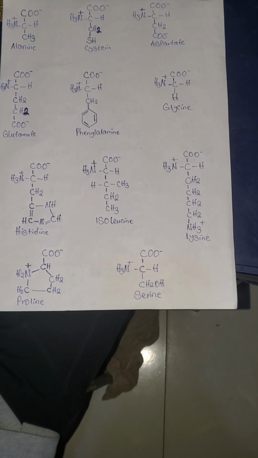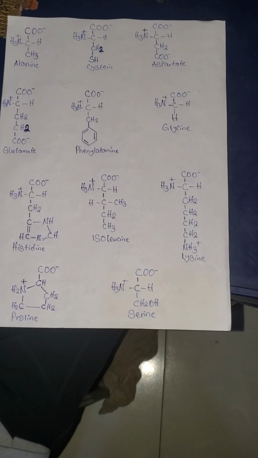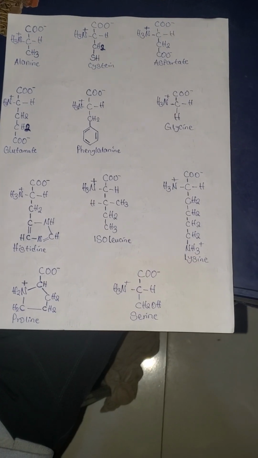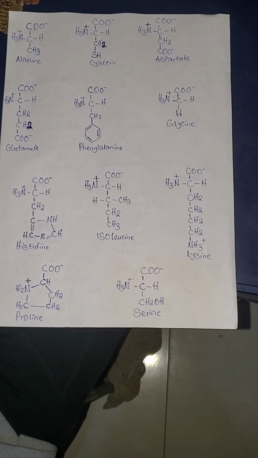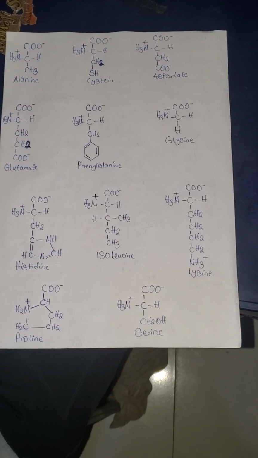And we got to understand that the most stable form and structure of amino acids is the ionized structure, and also the L form of amino acids is the most stable form and structure.